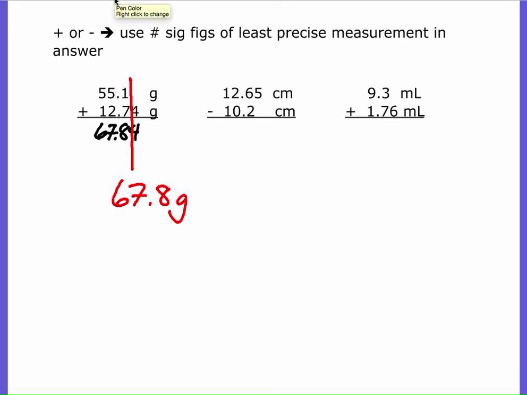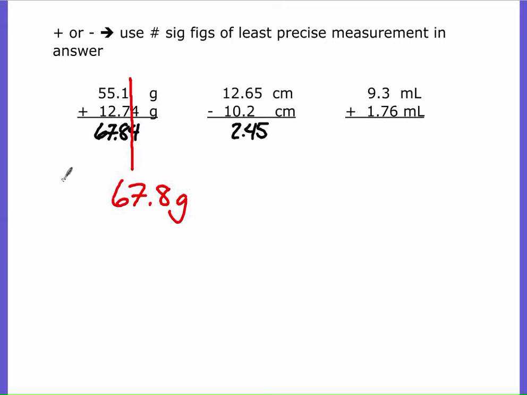The second problem here, 12.65 centimeters minus 10.2. I can do that also very quickly because adding and subtracting is not very hard. Hopefully you don't need a calculator for this. I end up with this 2.45 as an answer.